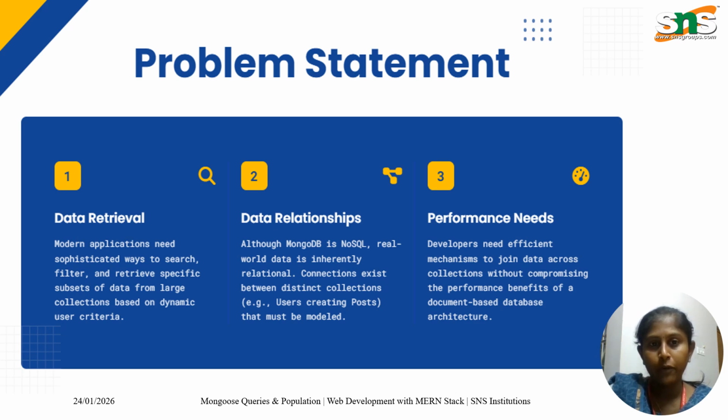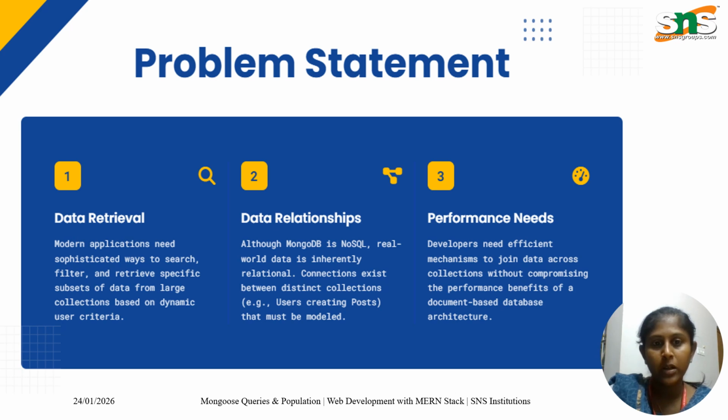Now we have reviewed the basics. Let's understand the core problem we are trying to solve. First, data retrieval. Modern applications require flexible and efficient ways to search and retrieve data. Users expect fast responses even when the datasets are large and queries are dynamic. Second, data relationships. Even though MongoDB is a NoSQL database, real-world data is often relational. For example, users create posts, posts have comments, and so on.